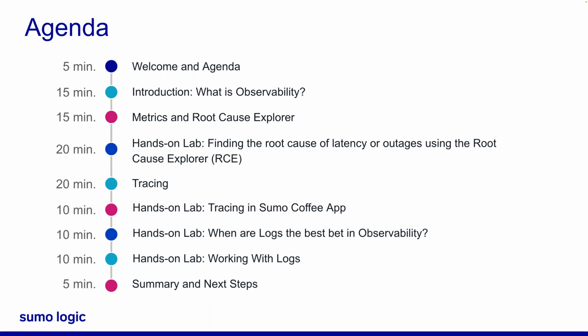And then we're going to do a lab utilizing that tool. So we'll get into Sumo Logic and use RCE to play around and find the root cause of what's occurring. Then we'll do some slides on tracing, and then we'll jump back into our labs. So a little slide heavy today, but not too bad. The later part is less slide heavy.